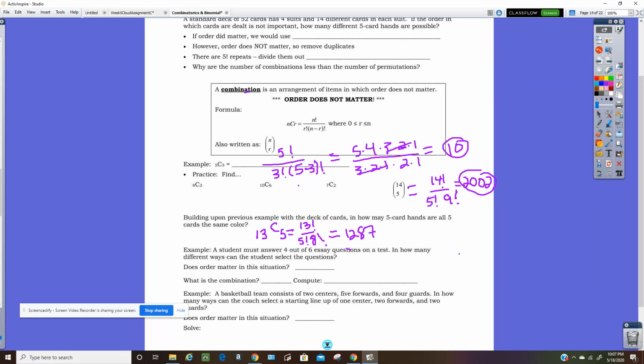So there's 1,287 same color cards in one suit.